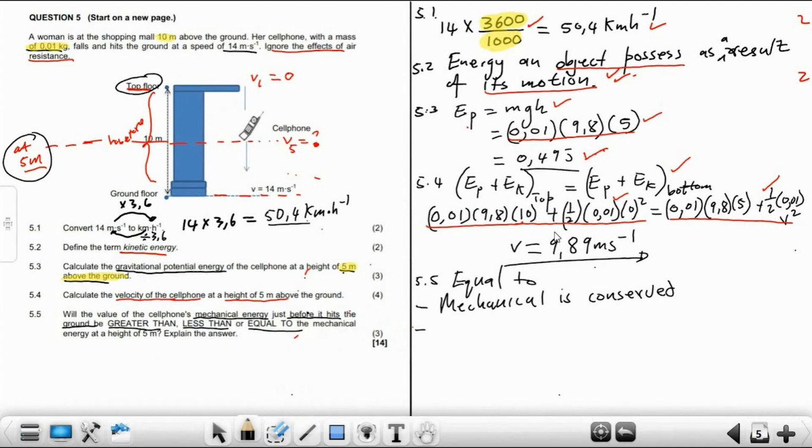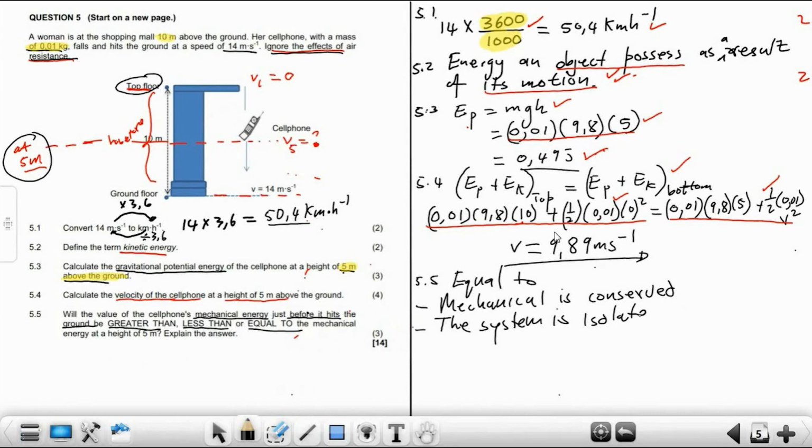But what is another supporting reason? The other supporting reason is the fact that we are told to ignore the effects of air resistance. Then we are in a position of saying the system is isolated.